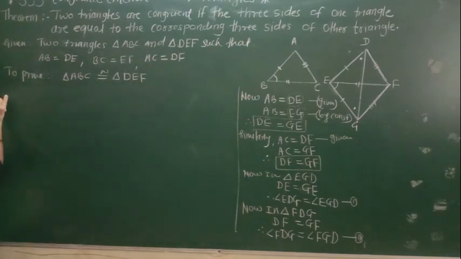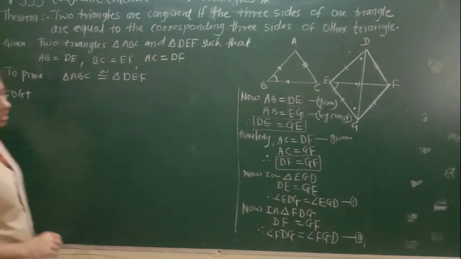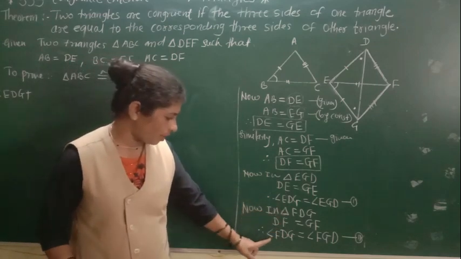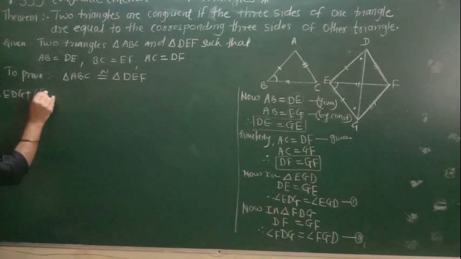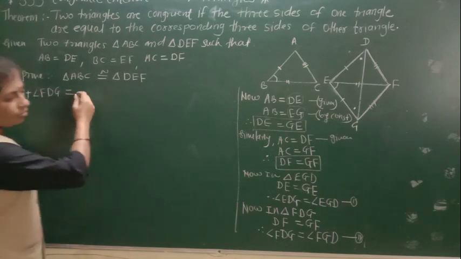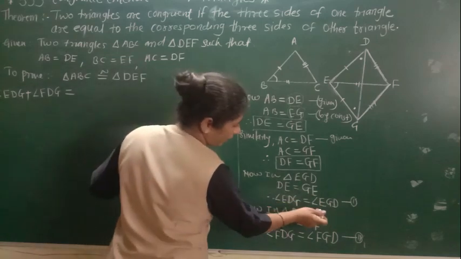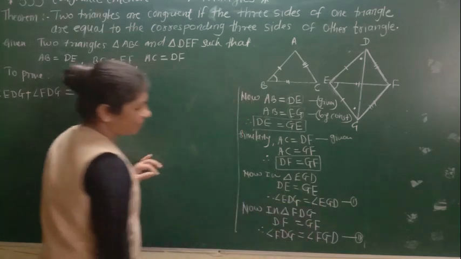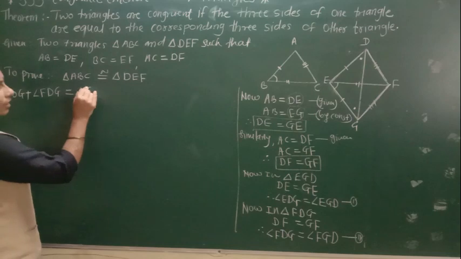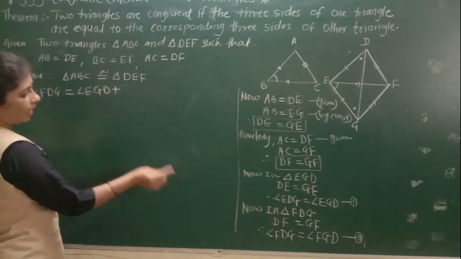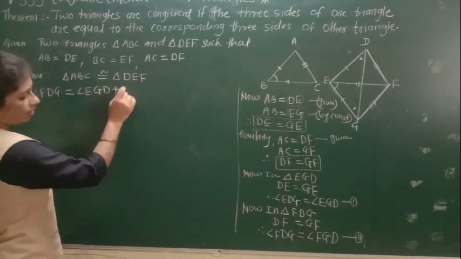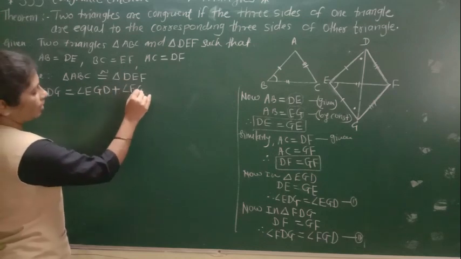So angle EDG plus angle FDG is equal to right side angle EGD plus angle FGD.